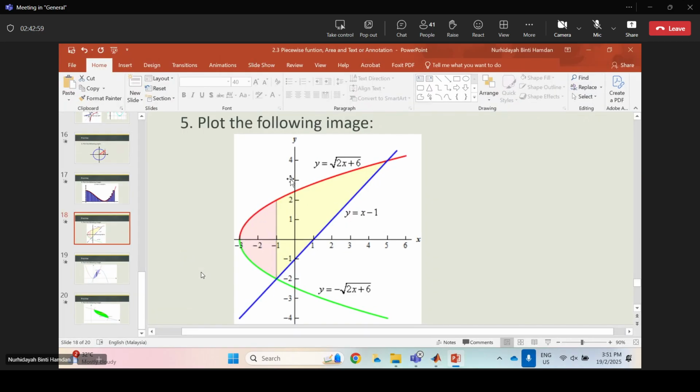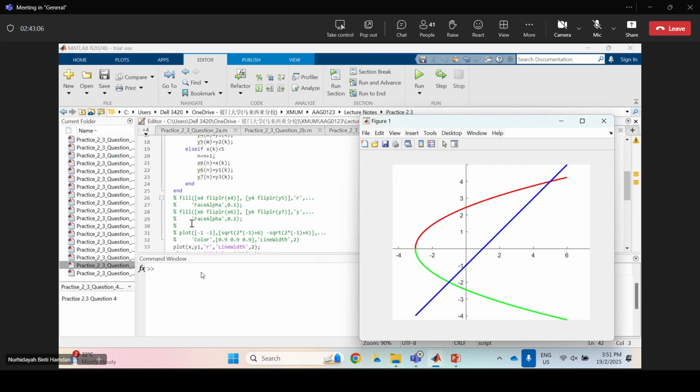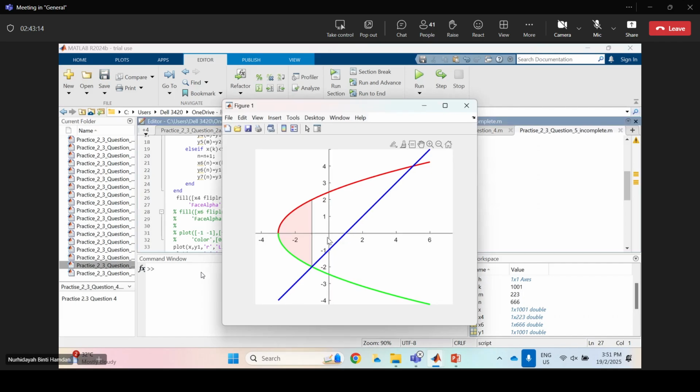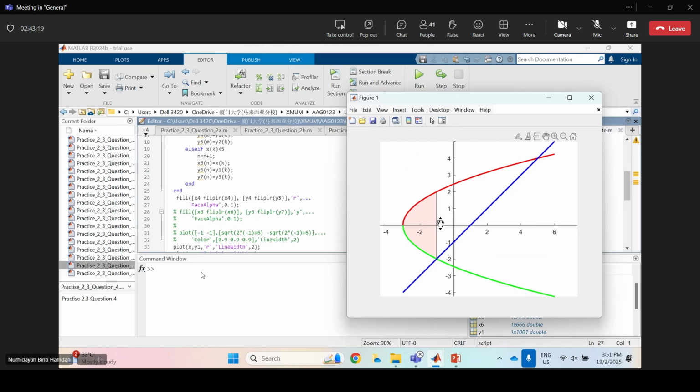Now we have to shade, to color this one. So I use fill, flip y4, flip x4, then I get this. I flip this and this.